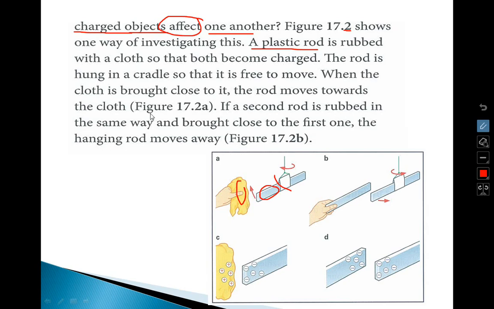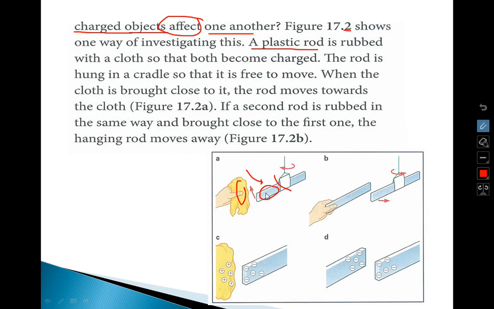When the cloth is brought close to it, the rod moves towards the cloth, as described in figure 17A. For the second one, if a second rod is rubbed in the same way and brought close to the first one, the hanging rod moves away, as we can see in figure B. So we have two different cases here.